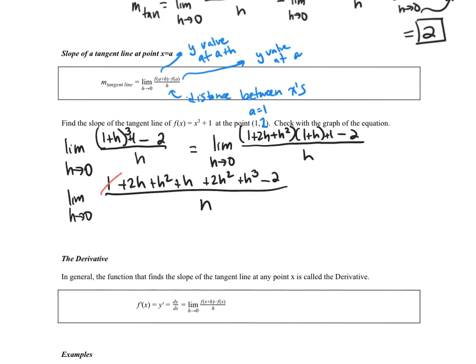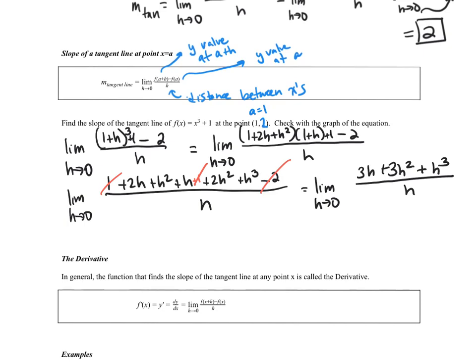Well, if you notice, I have the plus 1, I keep forgetting to write there. These two ones and this 2 cancel out. So this gives me the limit as h goes to 0 of 3h plus 3h squared plus h cubed all over h.